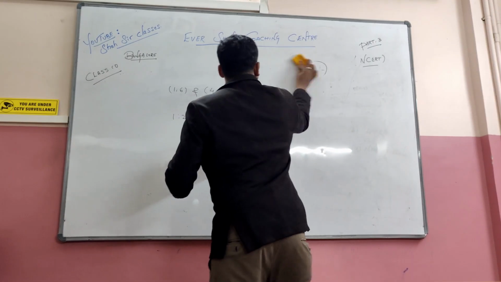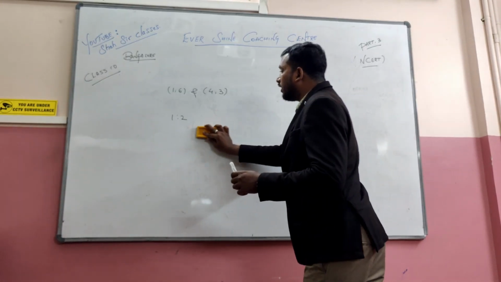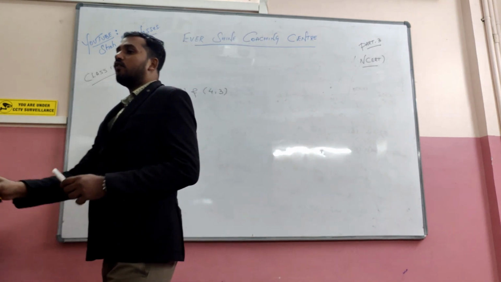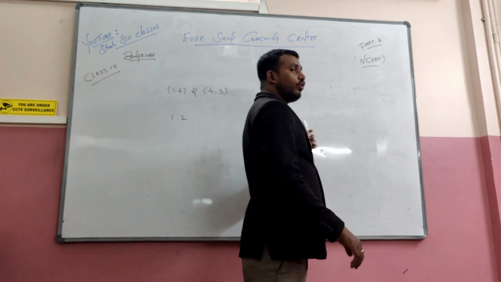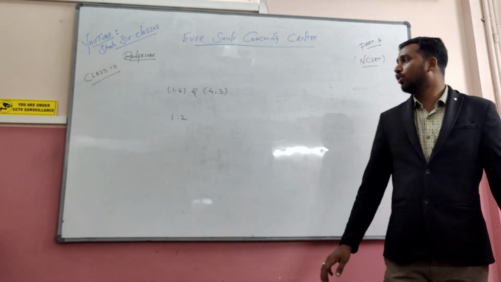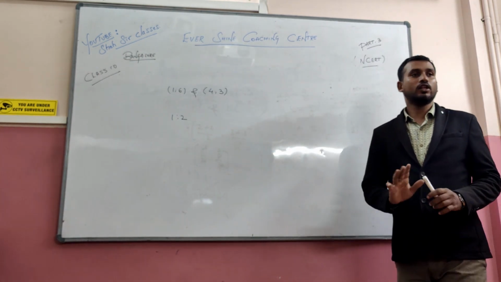So what is the question, children? Find the coordinates of the point dividing the line joining the points 1, 6 and 4, 3 in the ratio 1:2. This is the question, correct?